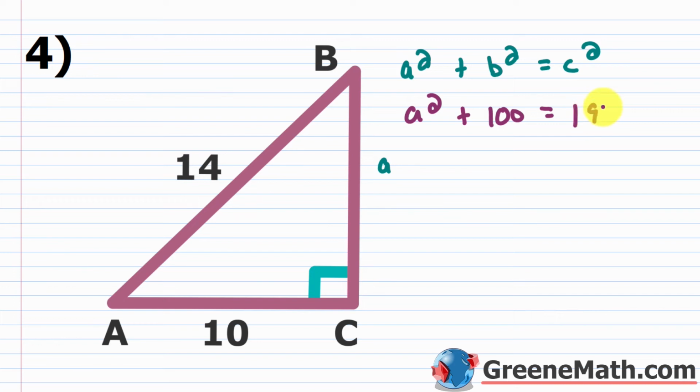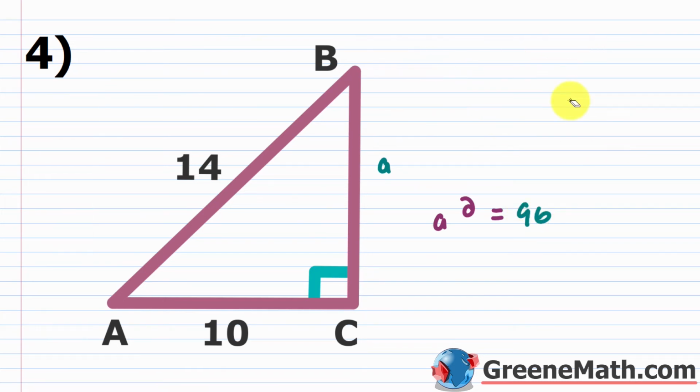14 squared is 196. So for this one, you would have a squared is equal to, if I subtract 100 away from each side of the equation, this would cancel. 196 minus 100 is 96. If you use your square root property here, then a would be equal to plus or minus the square root of 96.